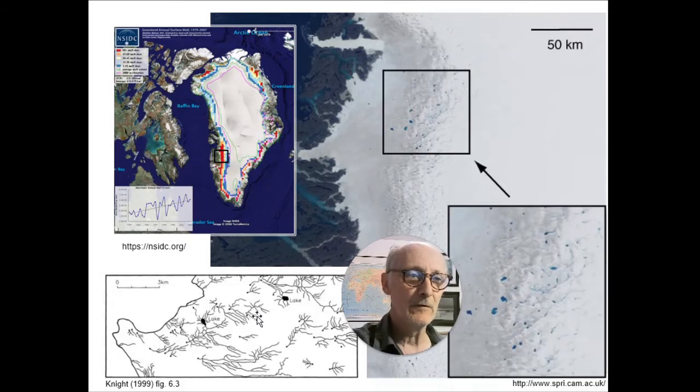Well, the clue here is in this figure, again from the old 1999 textbook, that shows how supraglacial drainage networks don't necessarily flow all the way to the edge of the glacier, but they terminate in access points such as this one, a moulin, where meltwater flows across the surface, then finds an access point into the interior of the glacier.